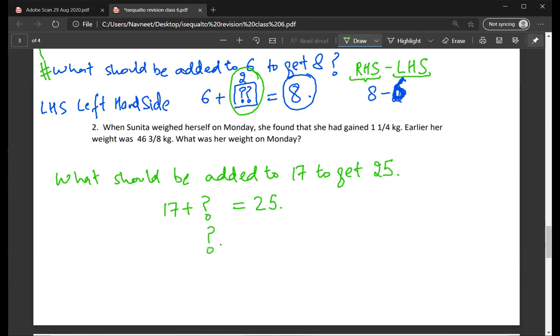So what will be this something? 8. How did you calculate this? 25 minus 17. So if I write 1 2/3 plus something is equal to 2 1/5, what will be this question mark?